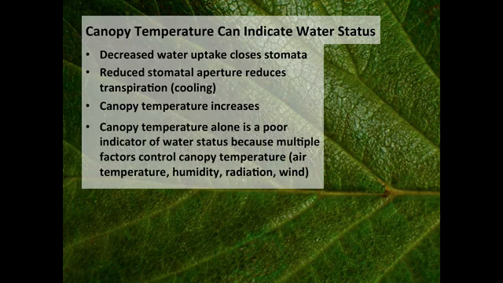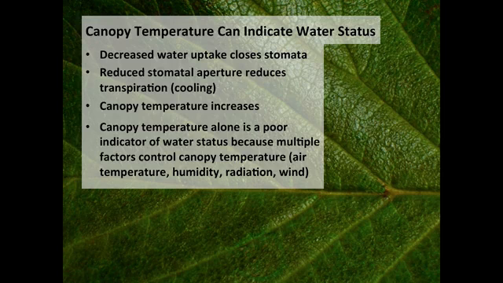One of the most important factors we have to remember, however, is that soil water status is not the only control on canopy temperature. Canopy temperature by itself is actually a poor indicator of plant water status because there's multiple factors that control canopy temperature.